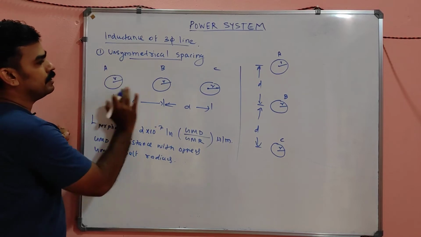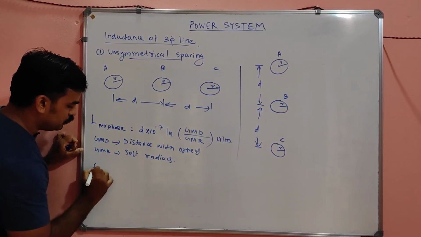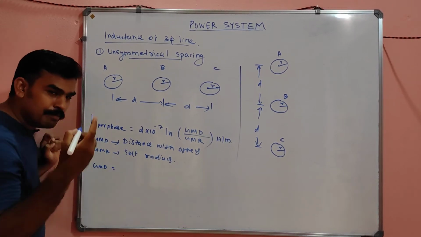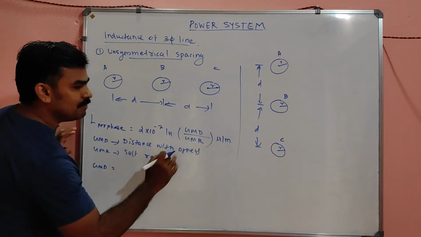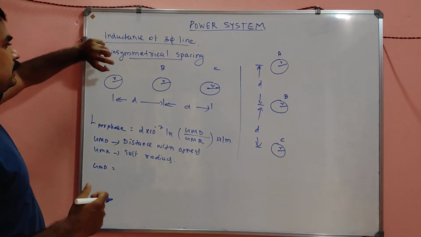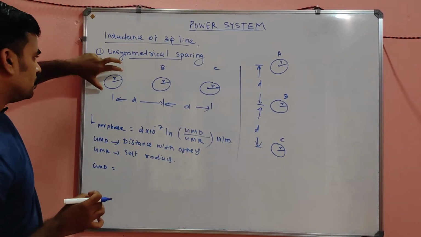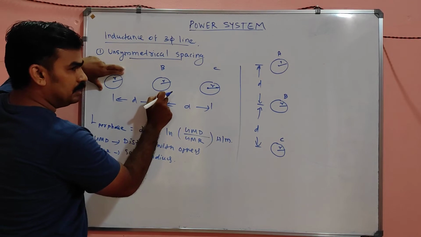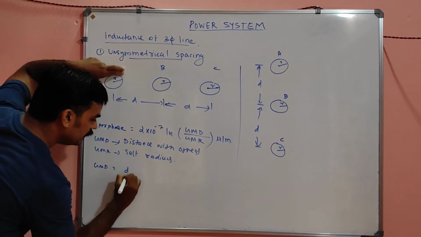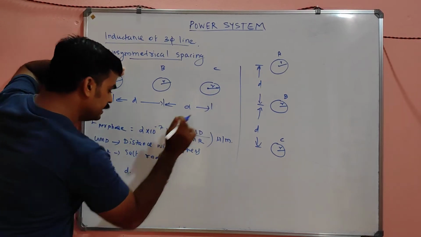For this unsymmetrical spacing arrangement, my dear, what will be GMD? I will tell you. It will be more and more clear to you. See, my dear, for finding the GMD of this type of spacing, focus on the conductor A. Distance with other, B, D, into distance with other, D plus D, 2D.